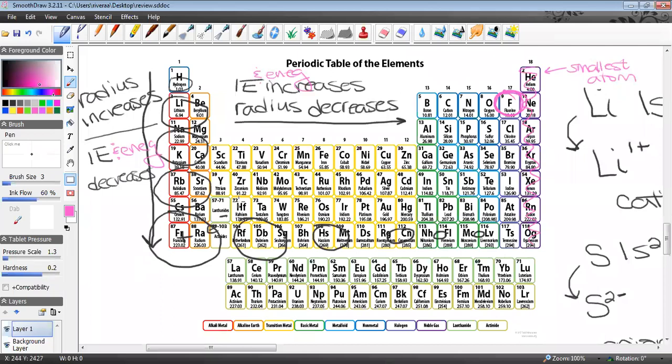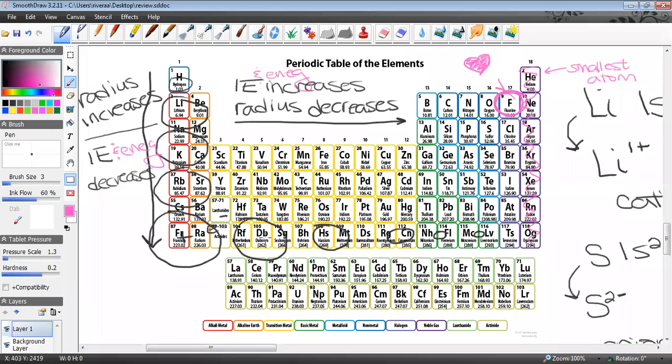Francium is the biggest atom, but fluorine is the one that's got the most love for electrons. And that'll be important later when we figure out polarity. Like in bio, when you talked about polar and non-polar molecules, that's all going to have to do with electronegativity and love for electrons.